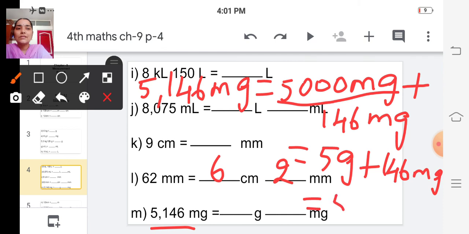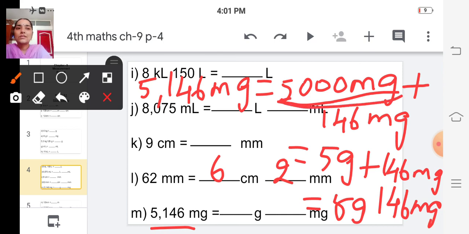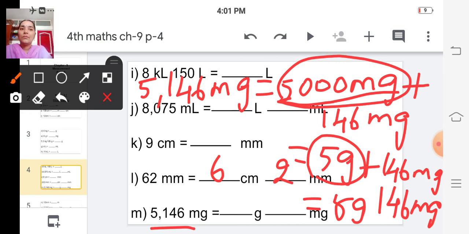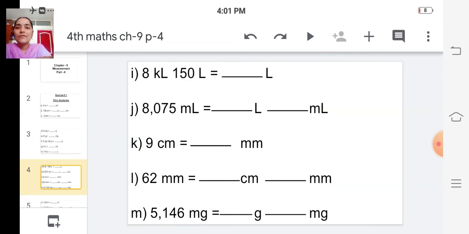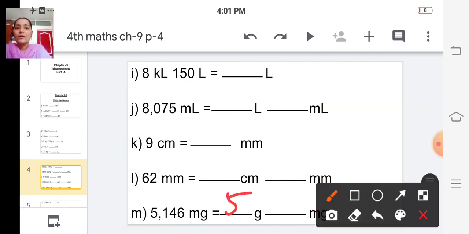This can be written as 5 gram 146 milligram. How will this come? 5000 milligram is equal to 5 gram because 1000 milligram is equal to 1 gram. So the answer is 5 gram and 146 milligram.